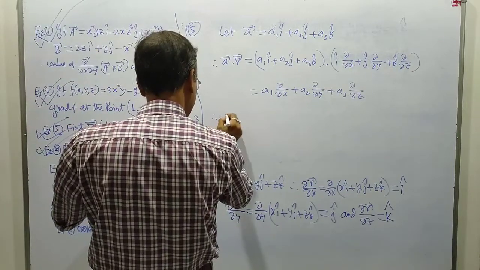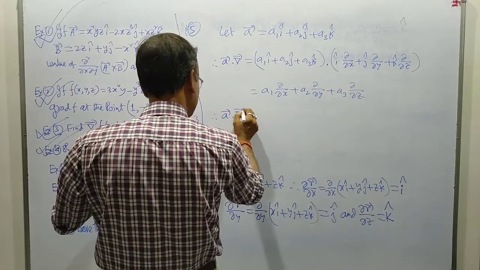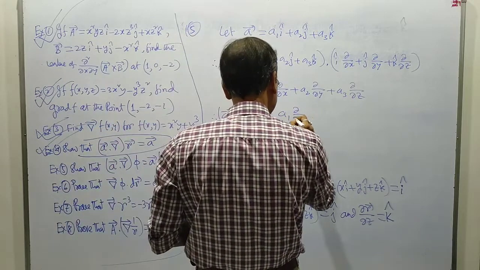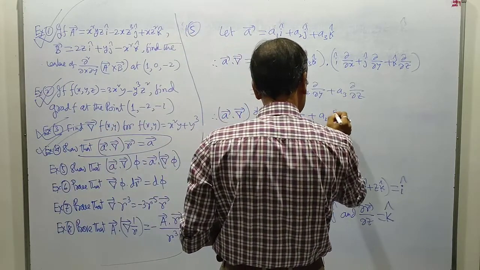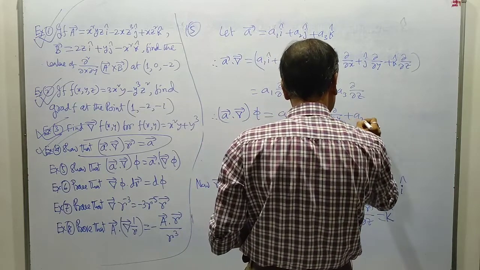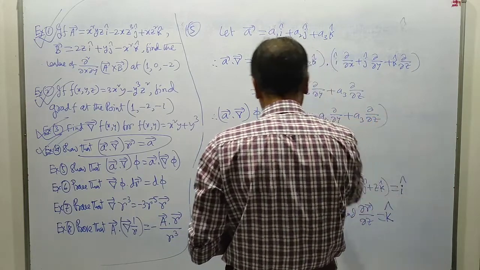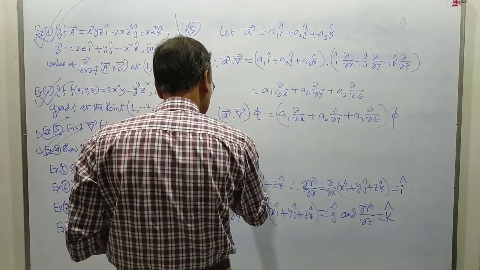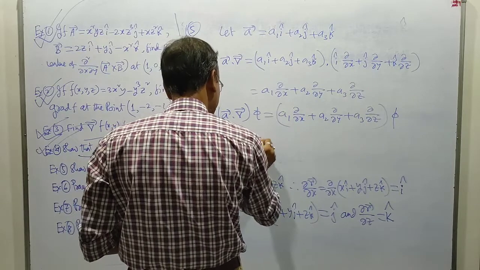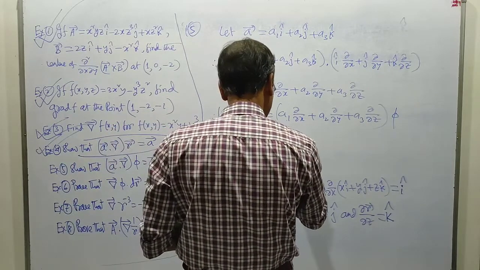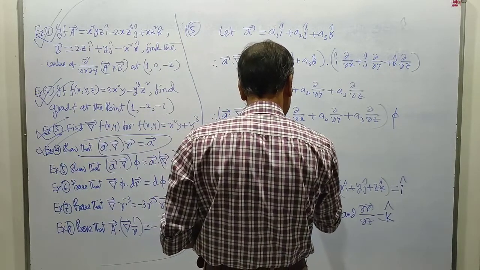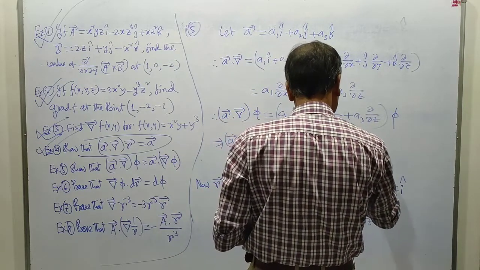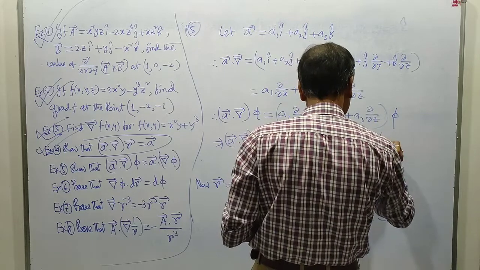Therefore, a vector dot nabla phi equals a1 ∂phi/∂x, a2 ∂phi/∂y plus a3 ∂phi/∂z. Call this 1.